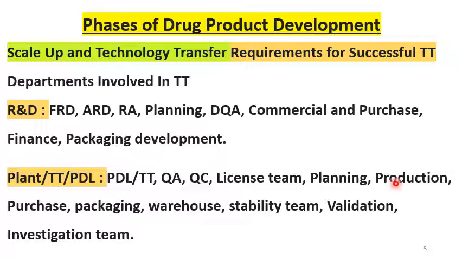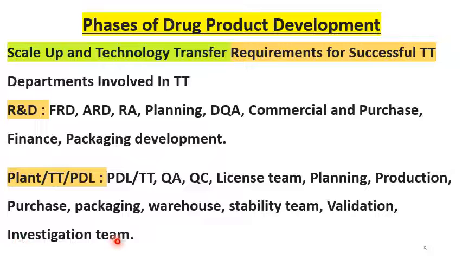Then the planning and production team will be giving the inputs for scale up and exhibit batches manufacturing. The purchase team will be there, and the packaging team will pack the stability samples. Warehouse will be there for storage and sampling of the materials. The stability team will load the exhibit batches on stability. The validation team will be there for method validation and method transfer.